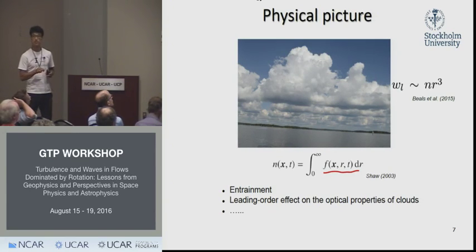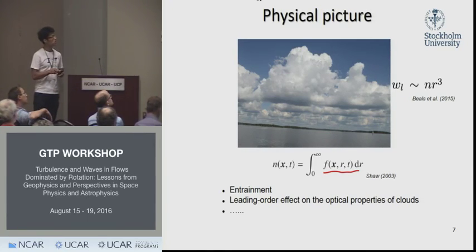The main difference between the clear sky and clouds is that clouds have liquid water. To characterize this liquid water content, we need to know the mean number density distribution of the cloud droplets as well as their size.